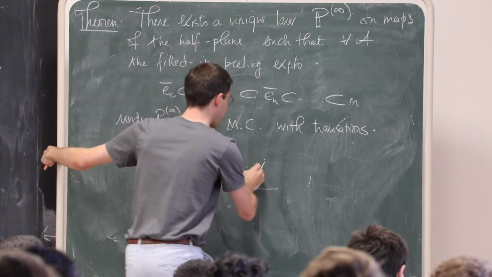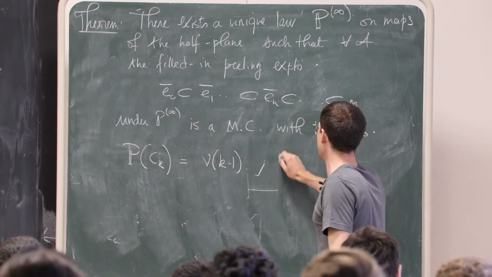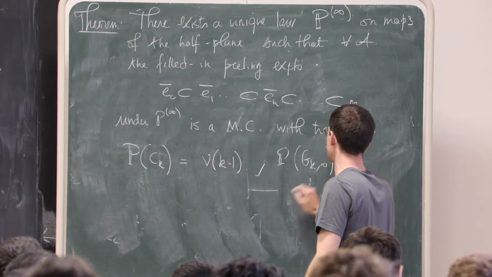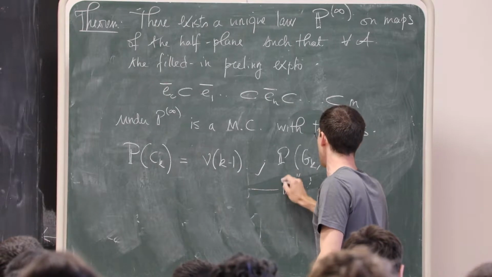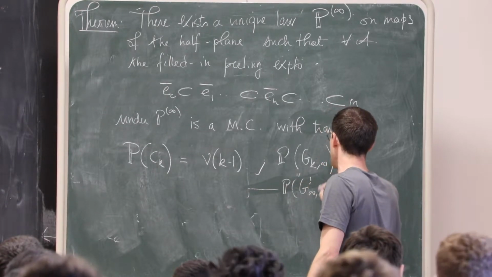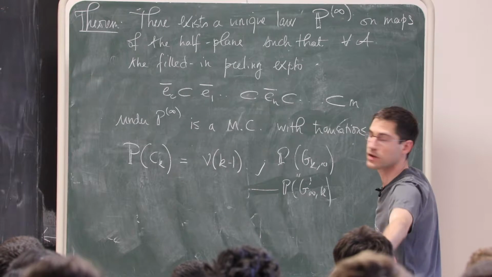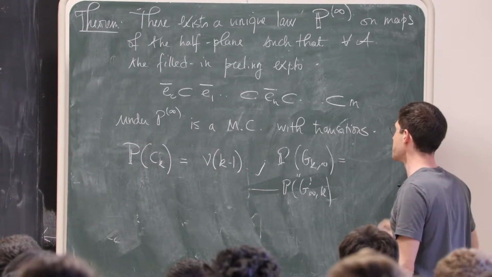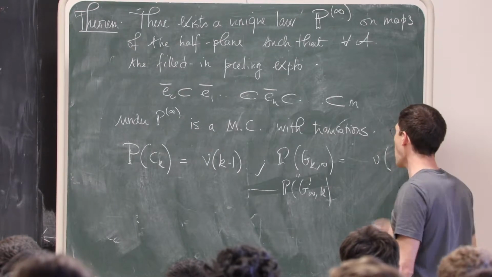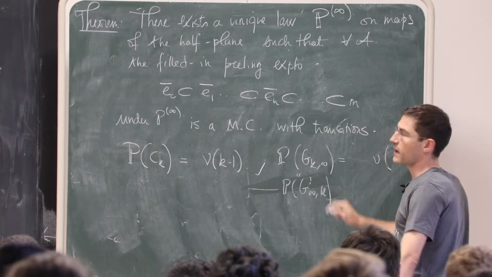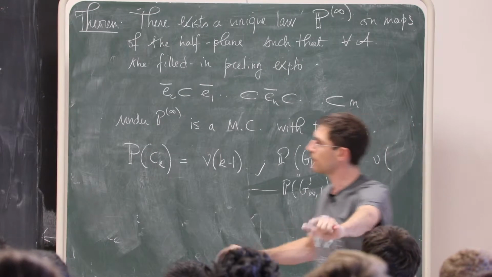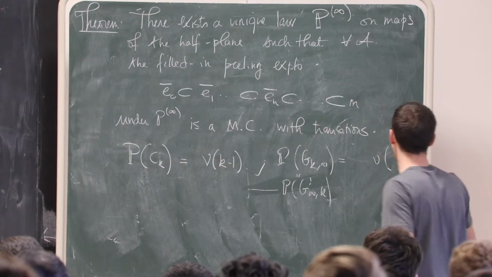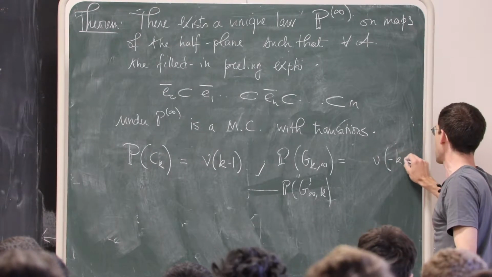And the probability to see an event of type gk infinity, which is the same as the probability to see an event g infinity k, either swallowing a bubble on the left or swallowing a bubble on the right, has probability nu of, so if I swallow a bubble on my left or right, the boundary size moves by k minus 1, so it's nu of minus k minus 1.